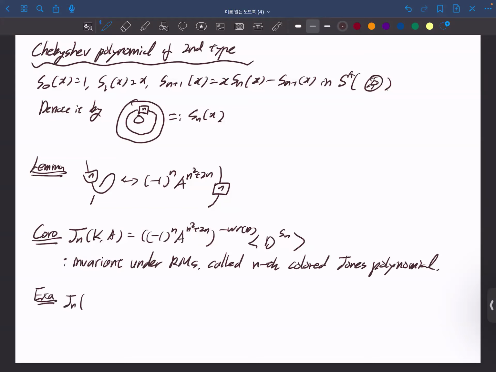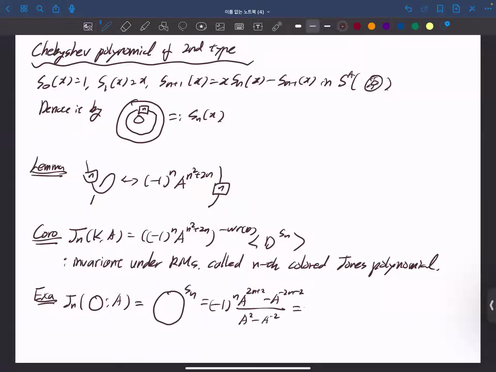And as an example, for the trivial knot, J_n of the circle is equal to minus 1 to the n, times A to the 2n plus 2 minus A to the minus 2n minus 2, over A to the 2 minus A to the minus 2. In this manner, we can define the nth colored Jones polynomial.